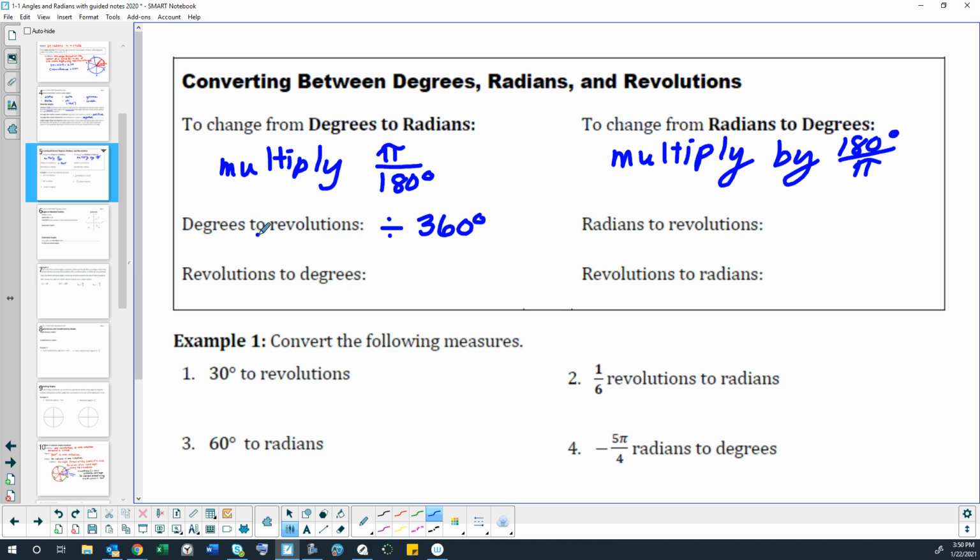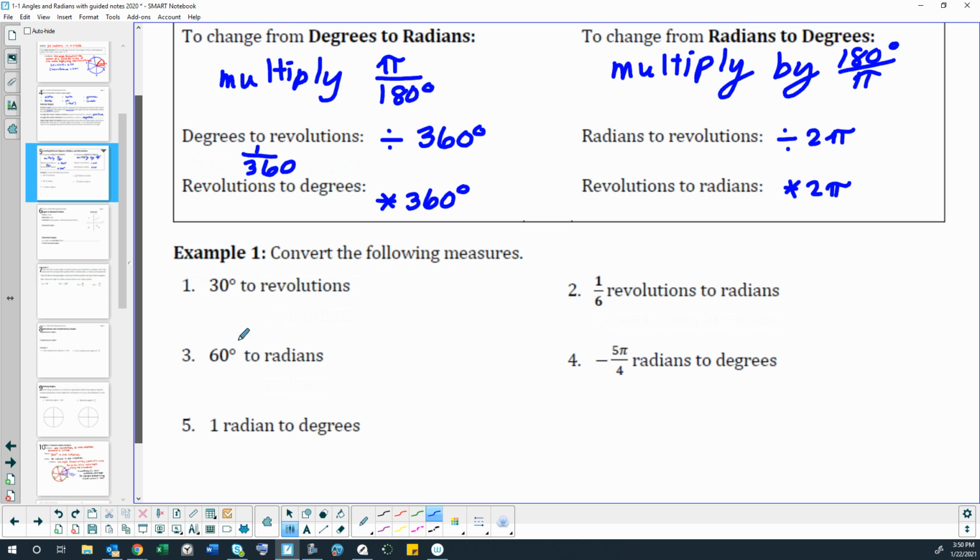So it's kind of like a conversion factor of 1 over 360. And if we are changing from revolutions to degrees, it's going to be the opposite. We're going to multiply by 360. If we change from radians to revolutions, then we are dividing by 2 pi. And if we change from revolutions to radians, then we are multiplying by 2 pi. 1 revolution is 2 pi radians.